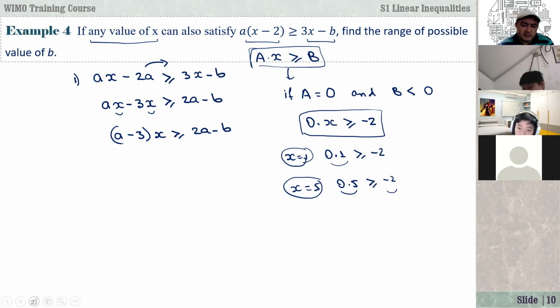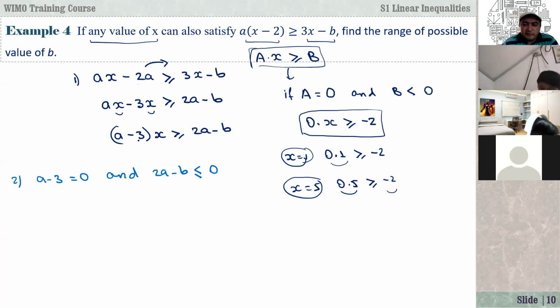Now if we consider this case, if every x is a solution, then a minus 3 should be equal to 0, and 2a minus b should be less than or equal to 0. Because here we have an equal sign, if the left-hand side is 0 and the right-hand side is 0, that's also a solution. And all the solutions together form the solution set of the inequality.